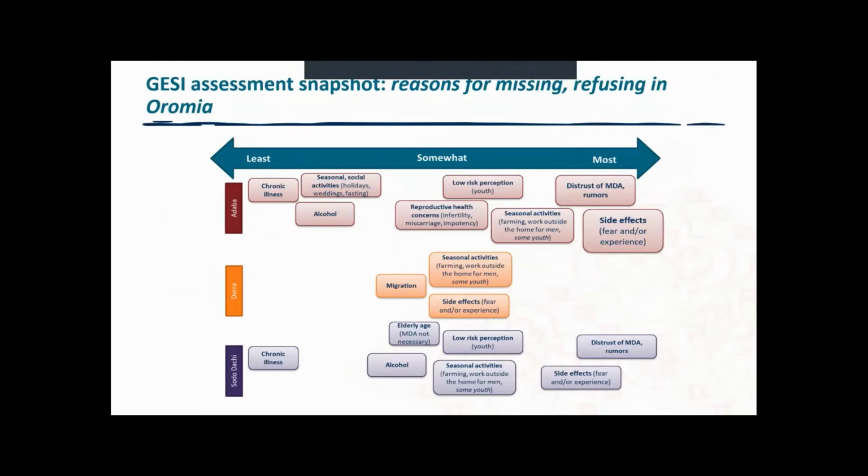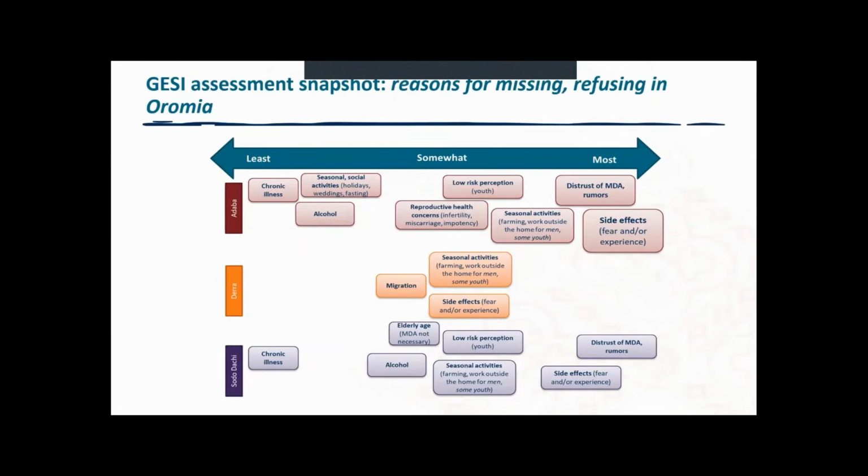GESI assessment snapshot: reasons for missing or refusing in Oromia. As mentioned, continuous identification of GESI-related gaps and barriers is key to the IDARE methodology and the GESI behavior change approach.